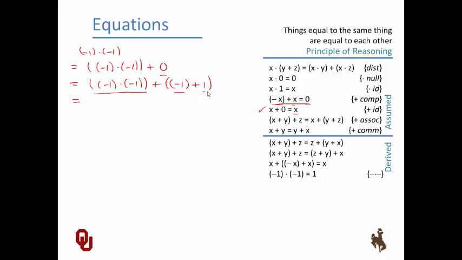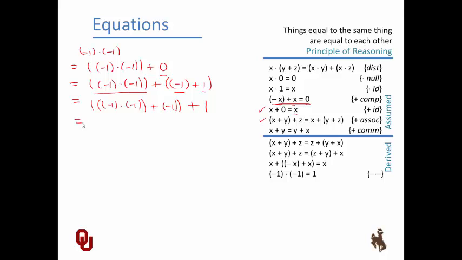They're grouped such that the second 2 terms are grouped together. We can also group it with the first 2 terms grouped together. So now we've got minus 1 times minus 1. That's one piece. We add on the second term, which is minus 1, and then we add on the last term. It's just a regrouping according to the associative law for addition.